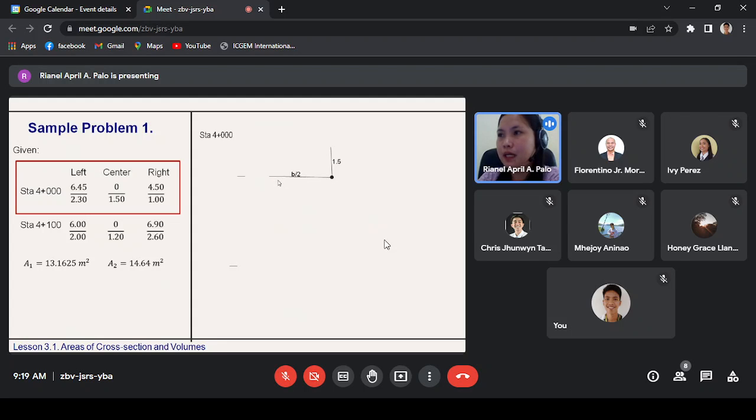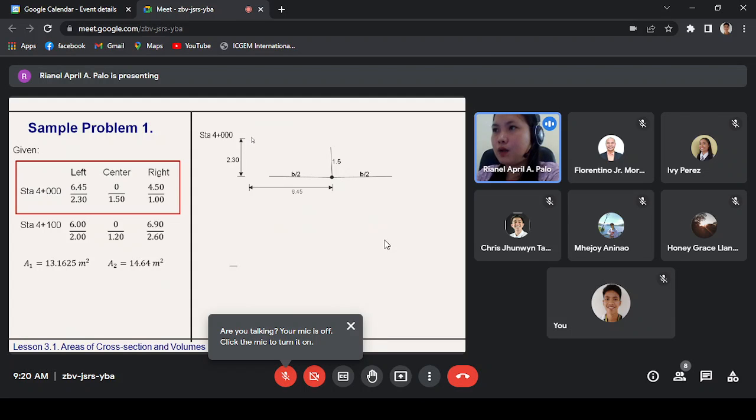For example, if it is a road, it is 1/2 of the width of the road for the left side, and the same with the right side. Then for the left, our x is 6.5, the horizontal distance from the center point to the left. Then our vertical distance is 2.3.